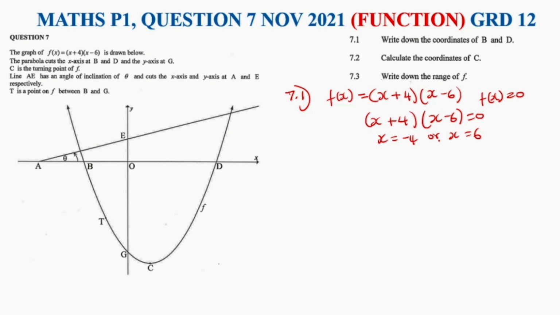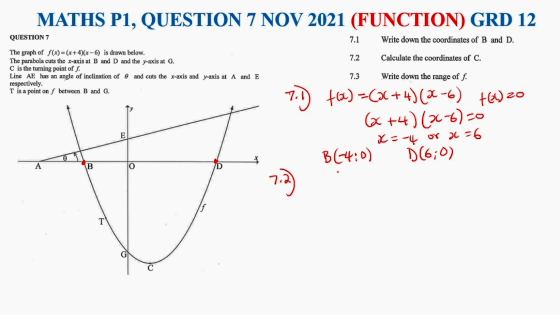Let's have a look which one is on the positive side. It is D. Therefore B will have to be (−4; 0), and then D is going to be (6; 0). All right, great stuff. So that's how you would deal with it. Just a straightforward question. So we already have these 2 points here, B and D. Great stuff.